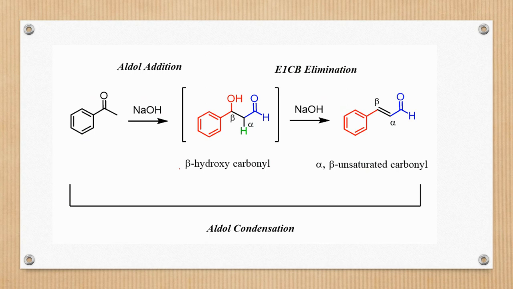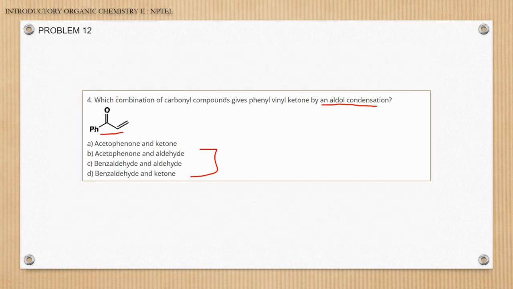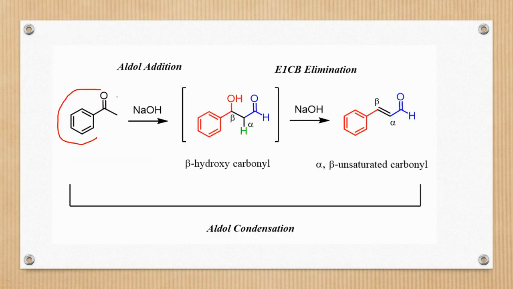First of all, you need to know the aldol condensation. In the aldol condensation, the alpha proton is getting abstracted, and then it will attack the second molecule. Here you have a choice that acetophenone and ketone are going to react.